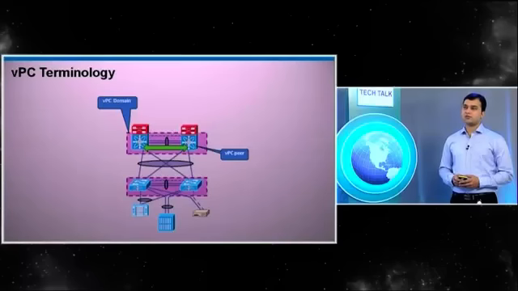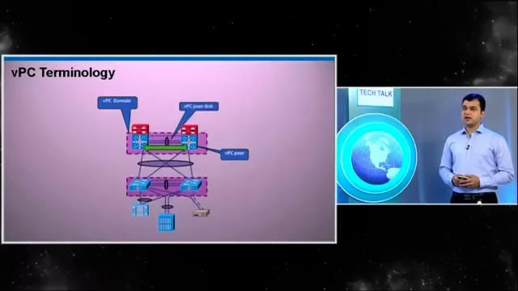Then we have the VPC peer. VPC peer is basically the combination of the two switches which are connected by a special port channel called the VPC peer link. One of these devices becomes the VPC primary peer, the other becomes the VPC secondary peer. We have separate slides where we will explain how primary and secondary election takes place. Then we have the VPC peer link.